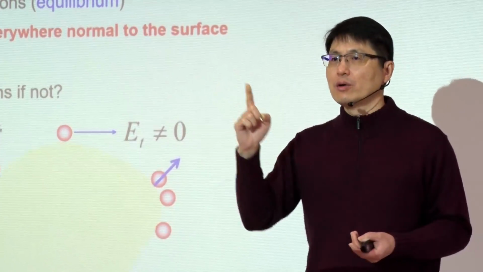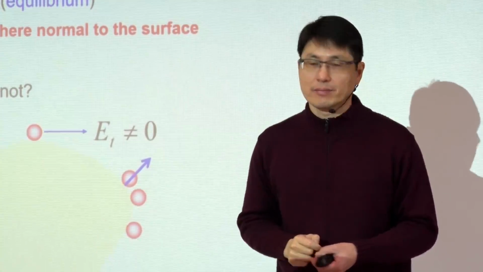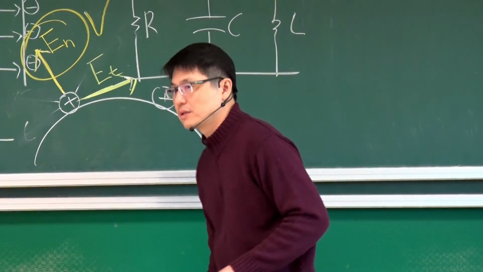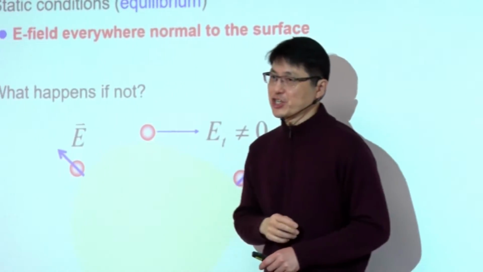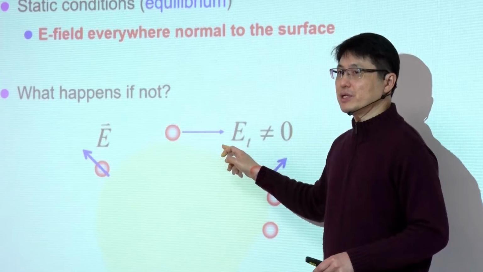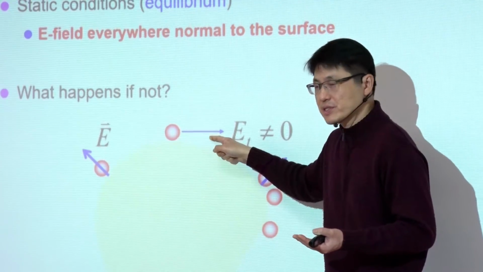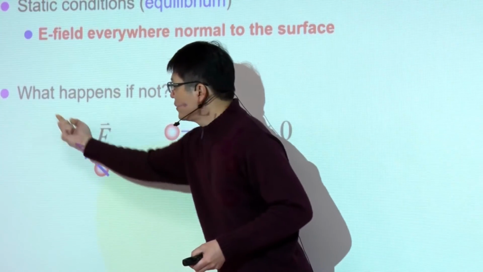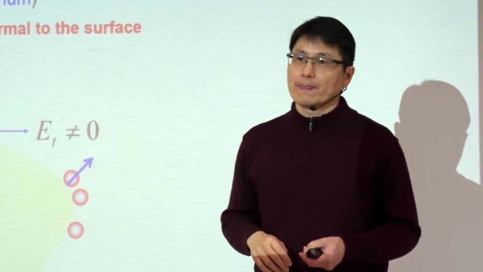In other words, all the field directions are parallel to the surface normal. So only the normal components are allowed. You cannot have the tangential component. Tangential means if you walk along it, you have a potential difference. But a potential difference cannot appear on the same metal. If you walk in the direction normal to it, that's fine. You're moving away from the metal.